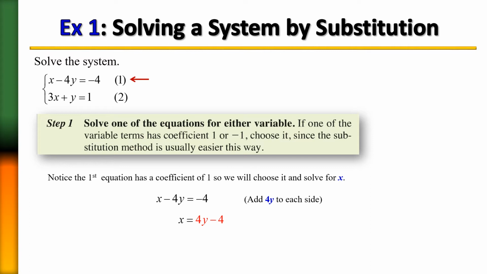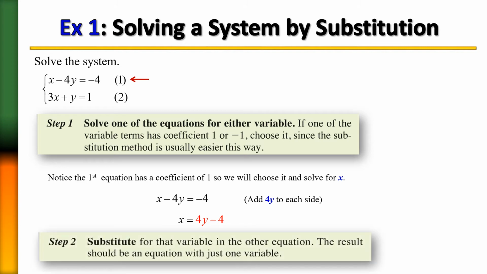So again, step 1, look for a variable term that has a coefficient of 1 or -1, and then solve for that variable. Because what you're going to ultimately do is take one equation and plug it into the other equation. So let's go ahead and proceed to step 2.